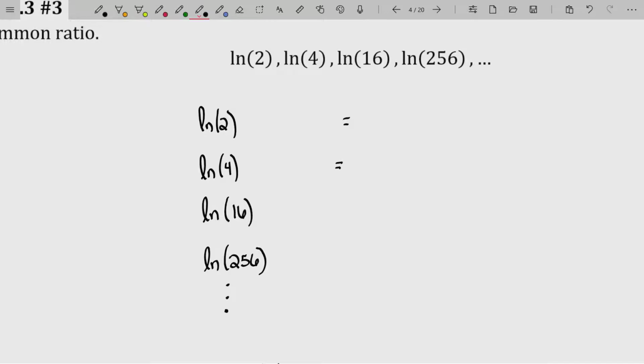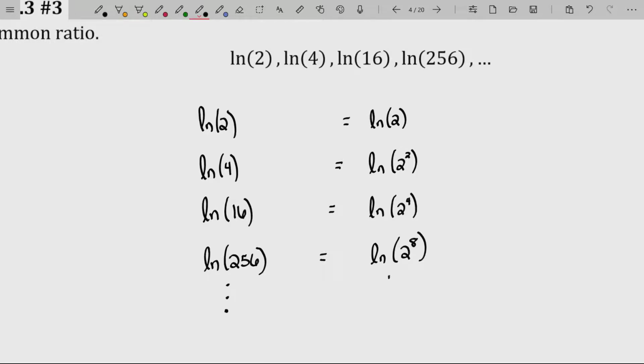Well, note that each of these, at least the arguments for the logarithms, are powers of 2. That's natural log of 2 squared. This is the natural log of 2 to the 4th. And this is the natural log of 2 to the 8th, actually. And dot, dot, dot.